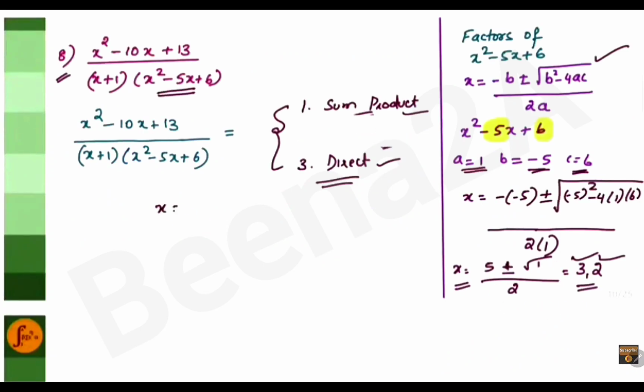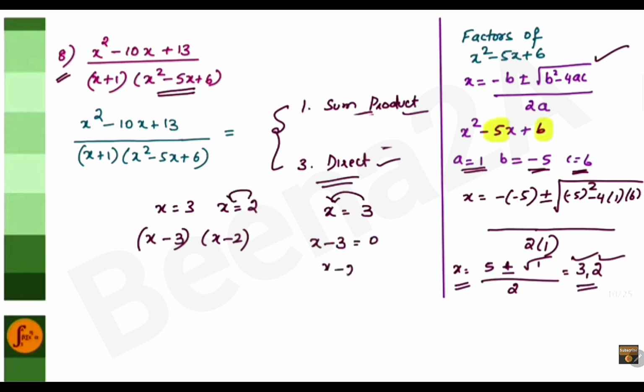So we've got x is equal to 3 and x is equal to 2. So we'll have to write this as x minus 3, x minus 2. Why? Because when x is equal to 3, if I shift 3 to this side, I'll get x minus 3 is equal to 0. And when I shift 2 this side, I'll get x minus 2 is equal to 0. So the factors are x minus 3 and x minus 2.